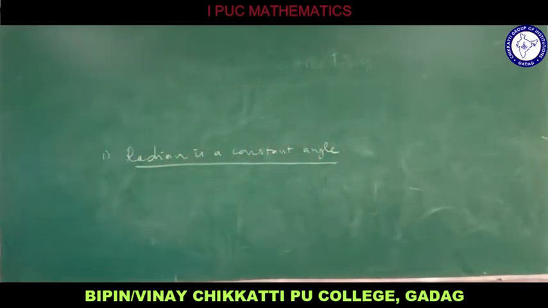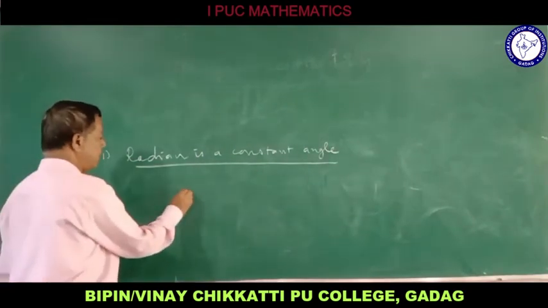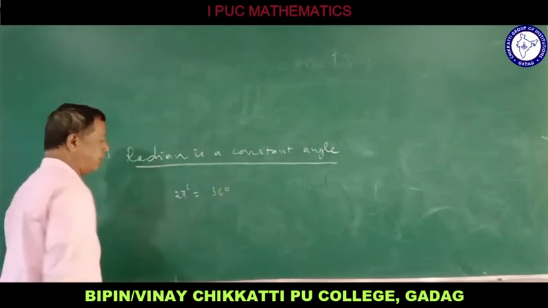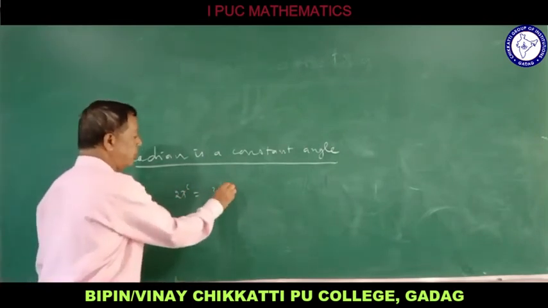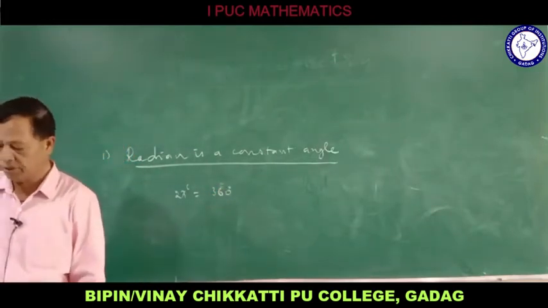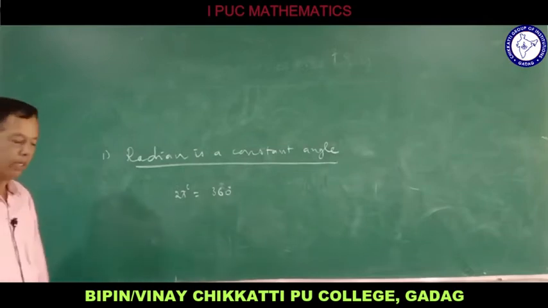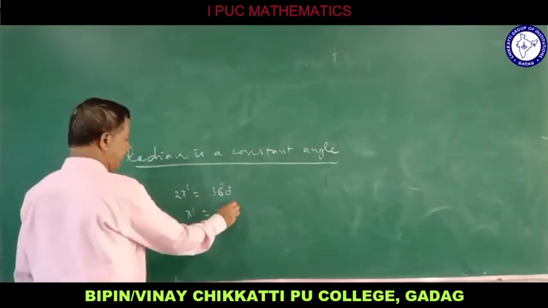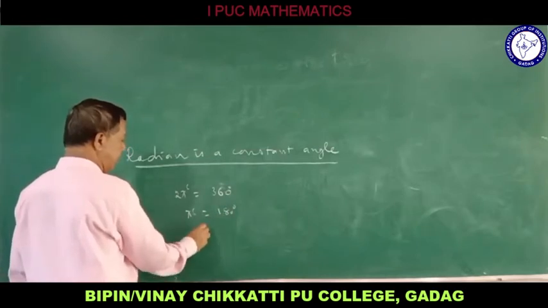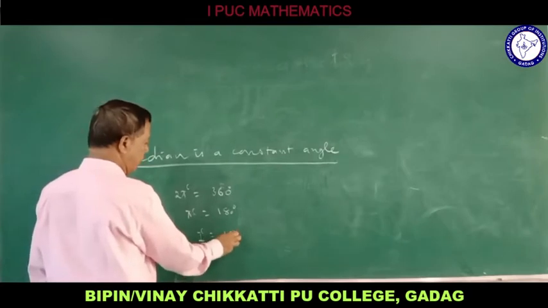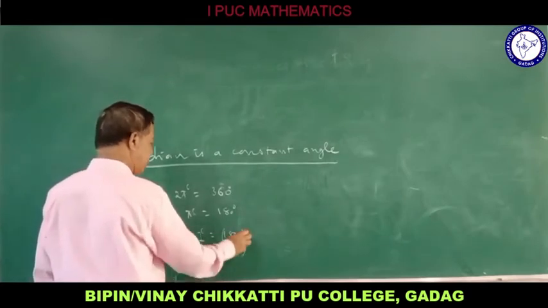Here you see that I already told you 2 pi radian is equal to 360 degree, which we have already discussed. Yes or no? Ultimately, pi radians is equal to 180 degree, and one radian is equal to 180 by pi degree.